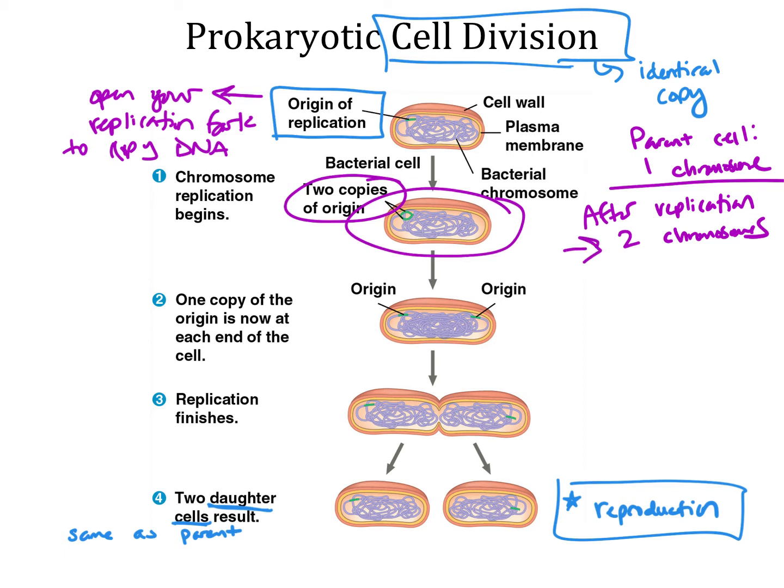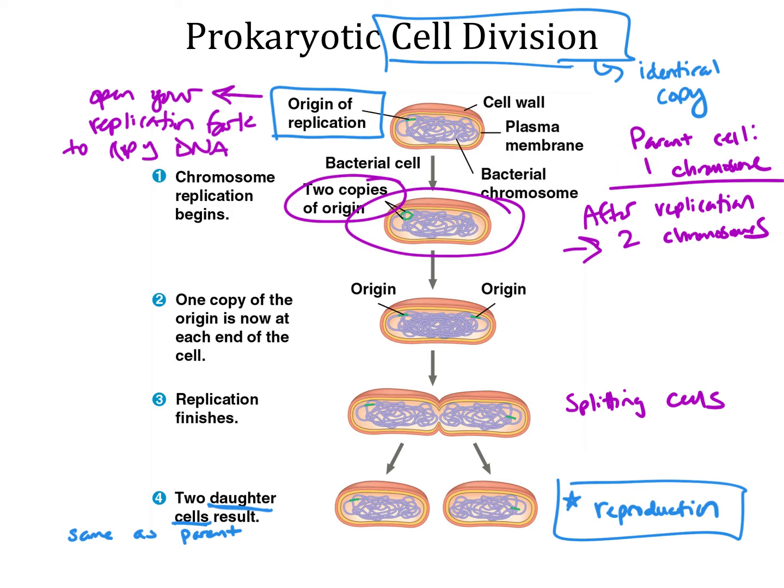After the copying of the DNA is complete, then we begin the actual process of splitting the cells. When you split the cells, remember we have two chromosomes, right? But I want to end up where each cell has just one, because that's how we started, right? So I want the daughter cells to end up exactly like the parent cell, which means the daughter cells each have to have one chromosome.